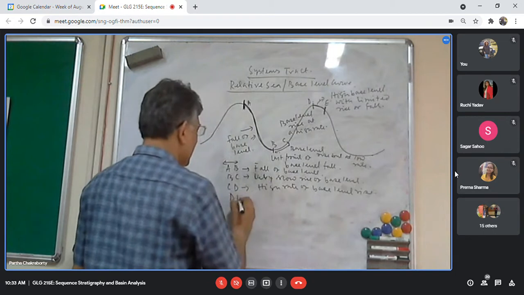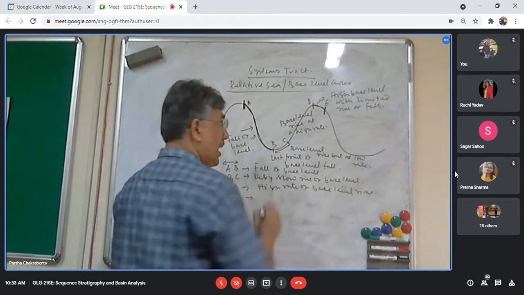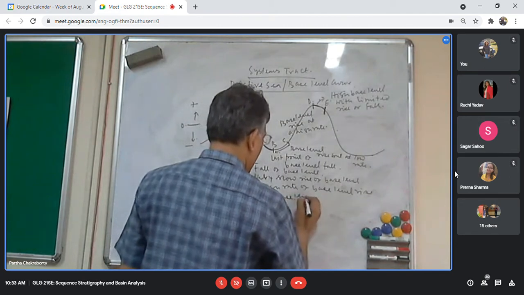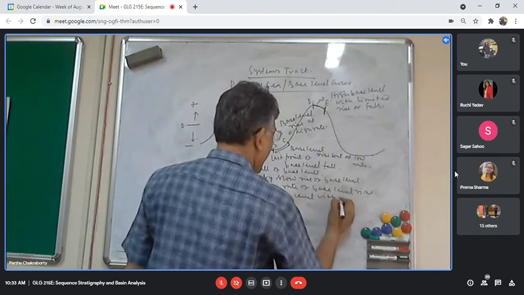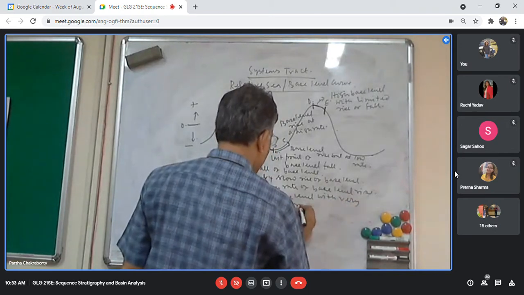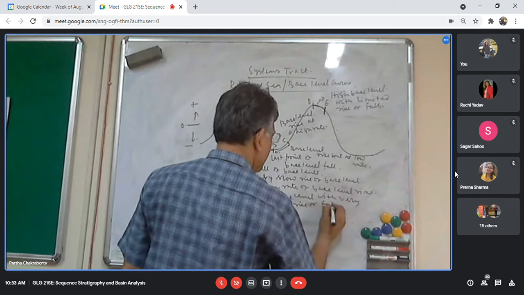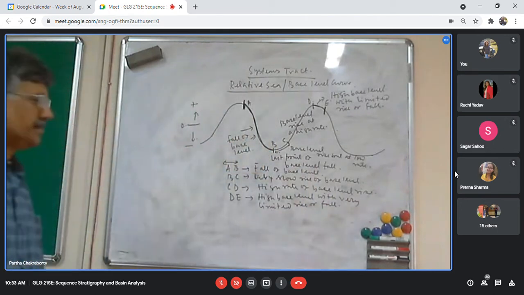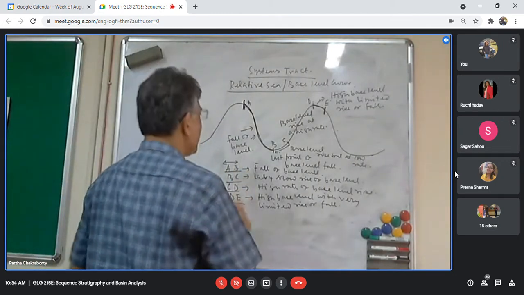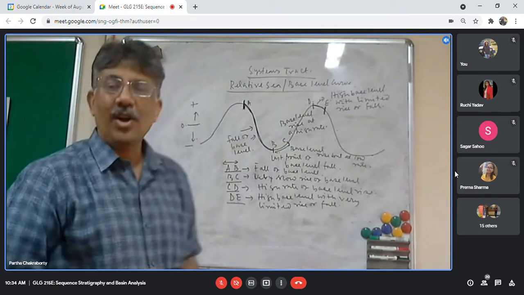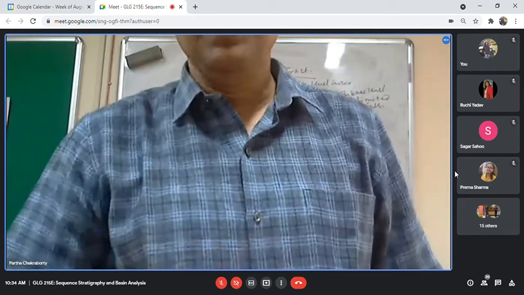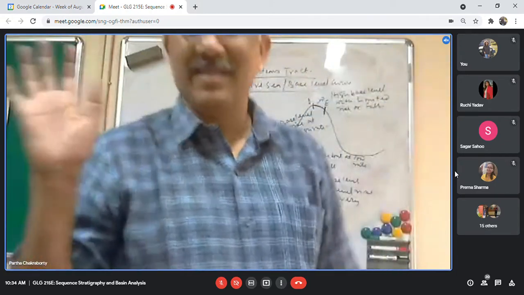And D, high base level with very limited rise or fall. So I am just subdividing these four parts depending on the tendency of the curve.